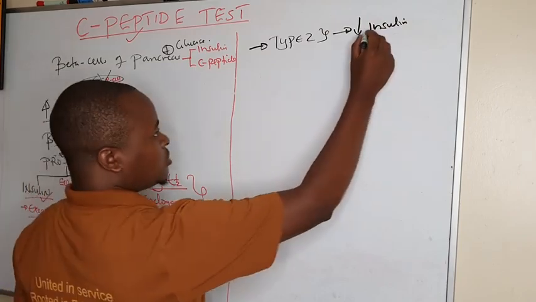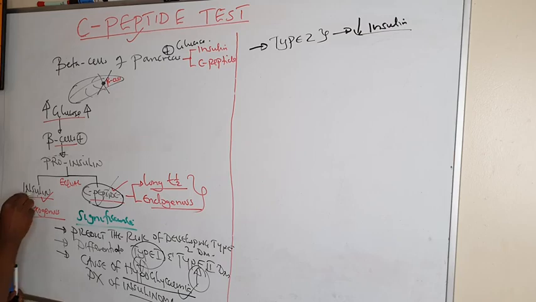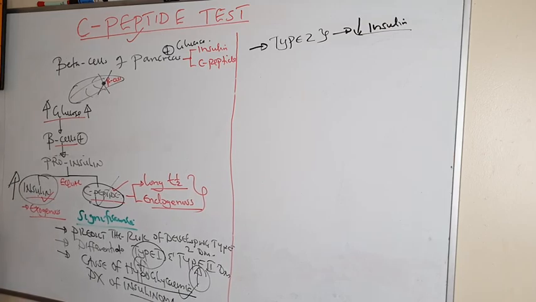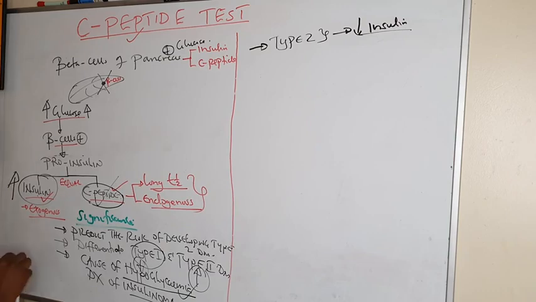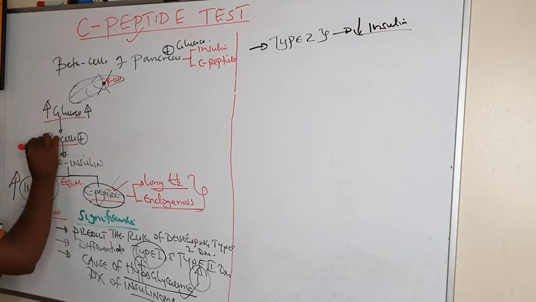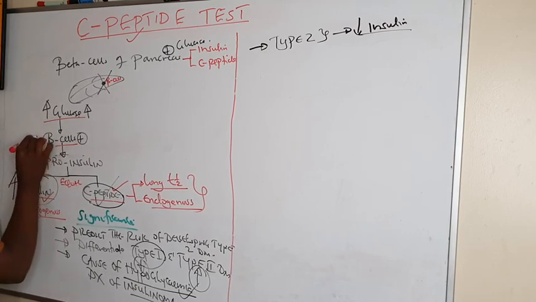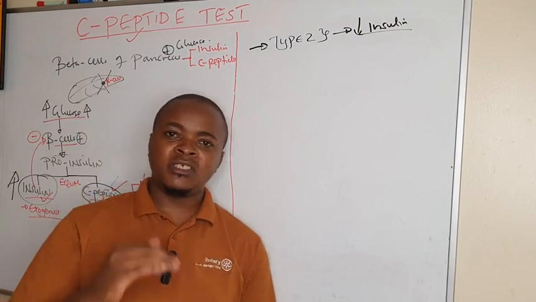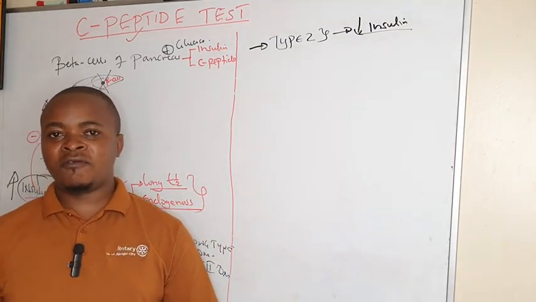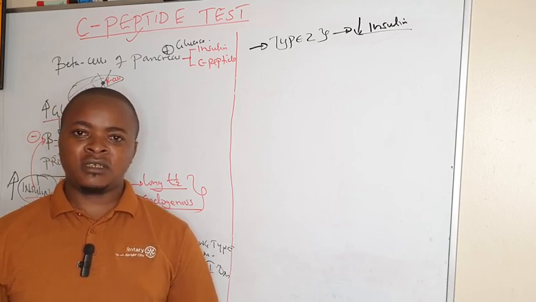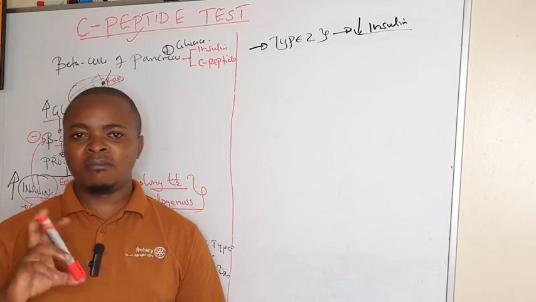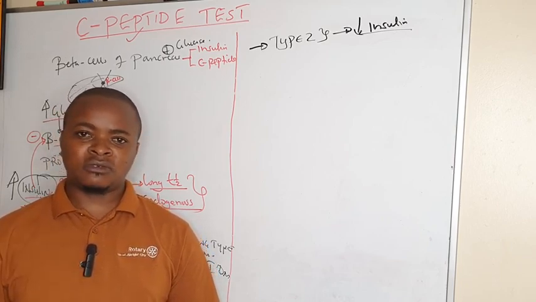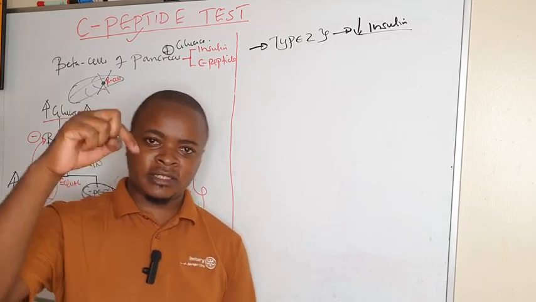When insulin goes high in type 2 diabetes, it has the ability to become toxic, or it exerts inhibition on beta cells. So increased levels of insulin exert an inhibitory effect on beta cells. In the long run, patients with type 2 can end up having insulin deficiency due to inhibition by increased blood insulin.